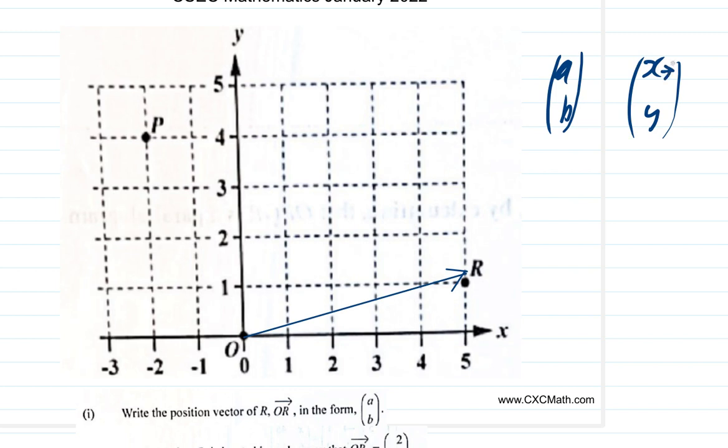If you go to the right, it's positive. If you go to the left, it's negative. Y is saying how far do you go vertically. If you go up, you move in a positive direction. If you go down, you move in a negative direction.